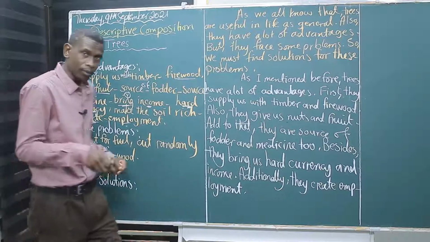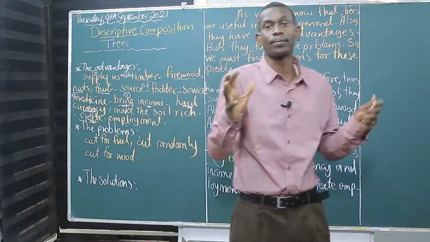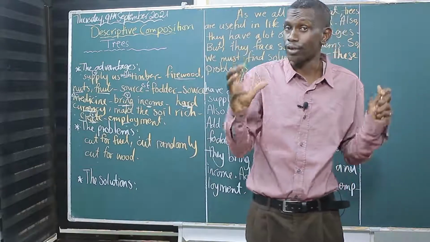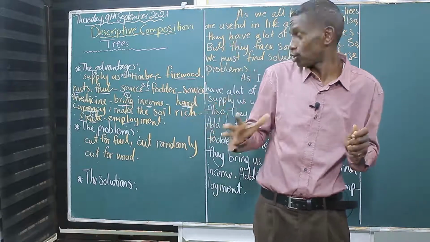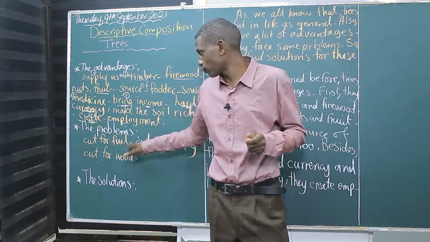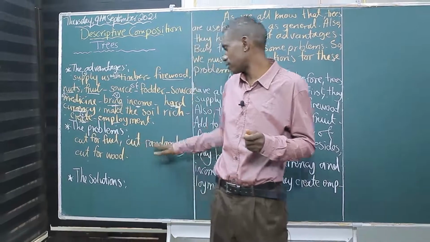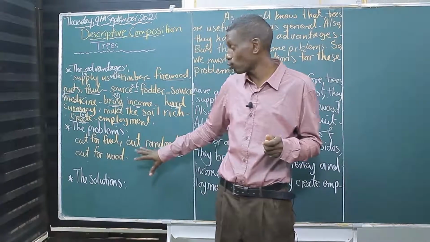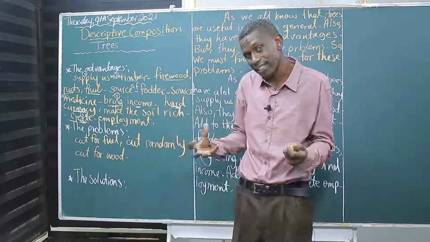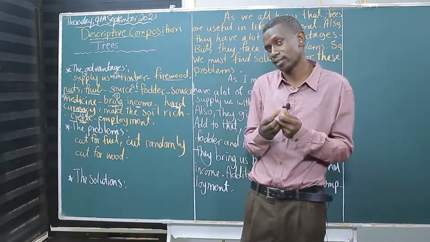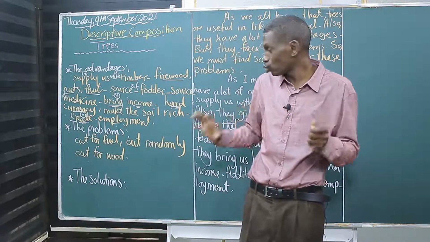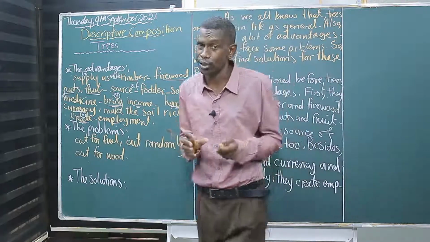So in this paragraph, I'm going to write the problems that the trees face. So cut for fuel, cut randomly, cut for wood. I'm going to put this guide into meaningful sentences. I try as far as possible to put these into meaningful sentences.